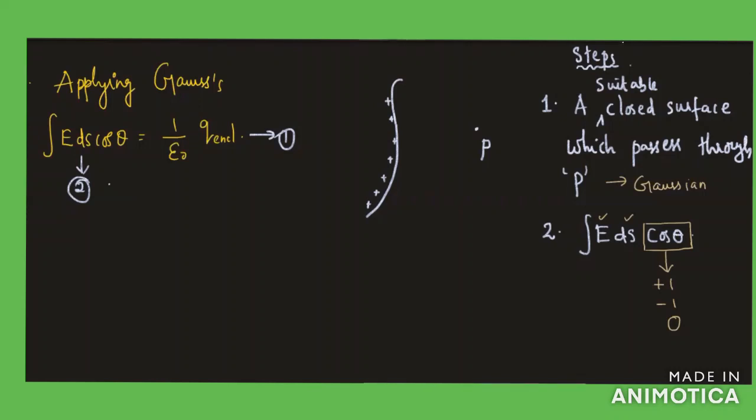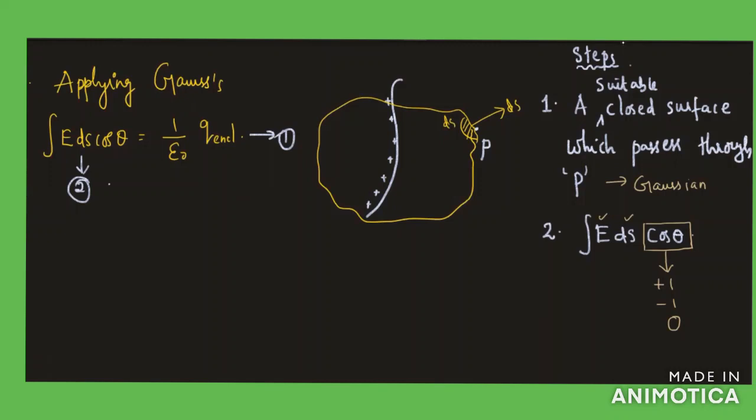For example, let's consider a surface here. If this is the closed Gaussian surface on which we are going to apply Gauss theorem, to find out this integral E ds cos theta, first we need to consider a small area ds, and this is the area vector of the small area ds, which is in outward normal direction, at every point on this surface.